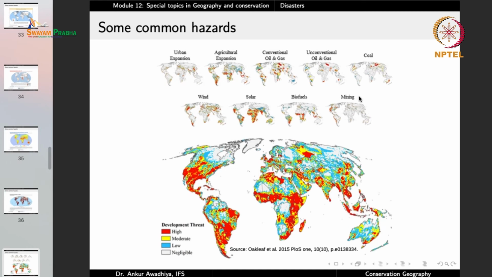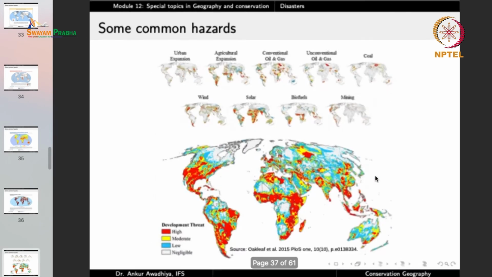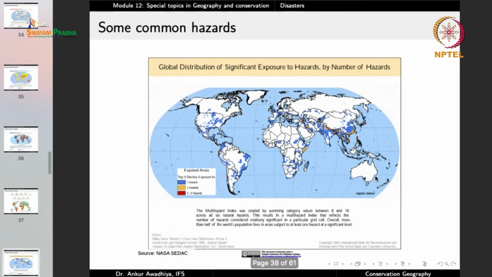If we incorporate all of them together, then we find that there are certain areas where the threat to the environment because of developmental activities is very high. We find this in a large portion of our country, most of the US and Mexico, large portions of South America, Africa, and Australia. So you find a threat because of development in a large number of areas.